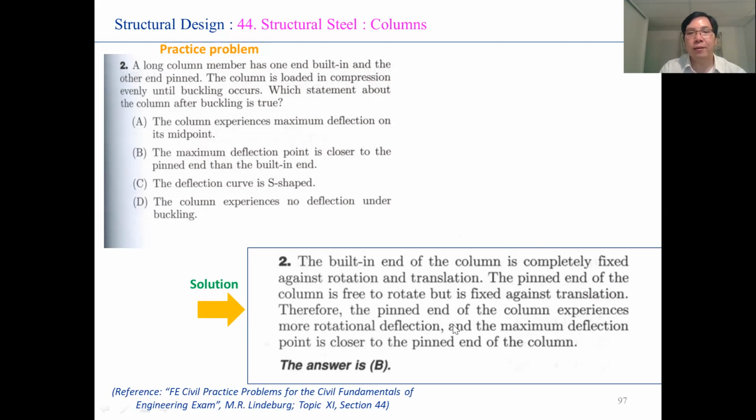Therefore, the pinned end of the column experiences more rotational deflection, and the maximum deflection point is closer to the pinned end of the column. So when you compare the theory with the proposed options, you can find that the good response will be the B.